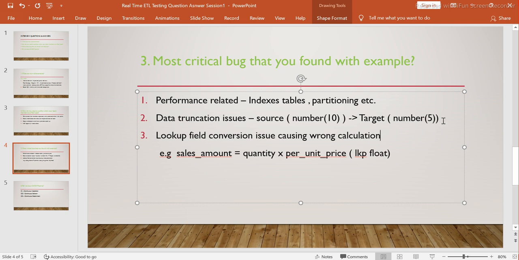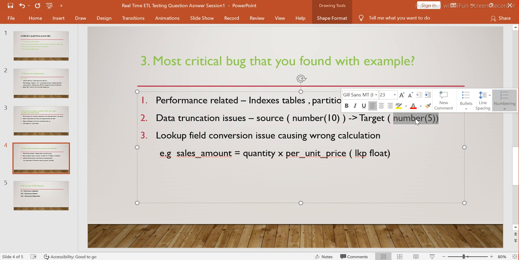Most of the time we were not getting more than 2 or 3 digits from the source, but it was defined as 10. So let's say I am getting only 3 characters, and it was fitting in the 5 character field very well, right?